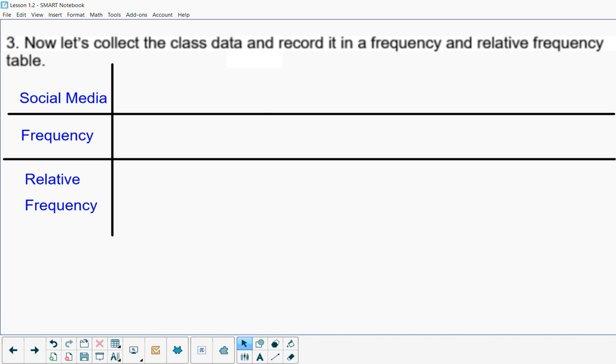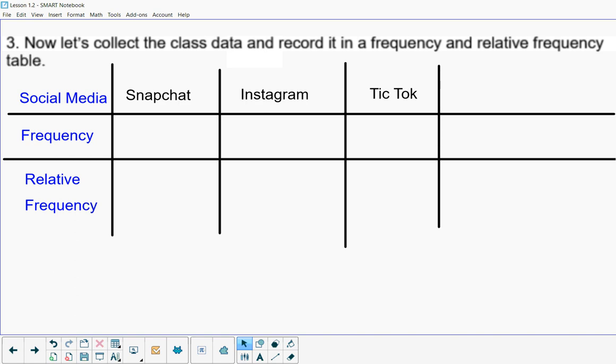So based on my polling in my previous set of data, there were 3 as standouts. We had Snapchat, Instagram, and TikTok. When I did my polling, the frequencies for these 3 apps were 18, 14, and 3.